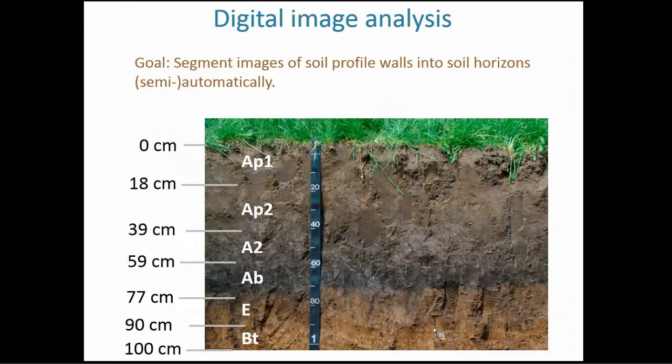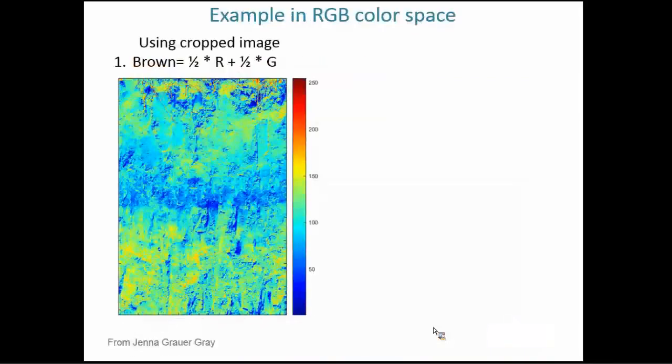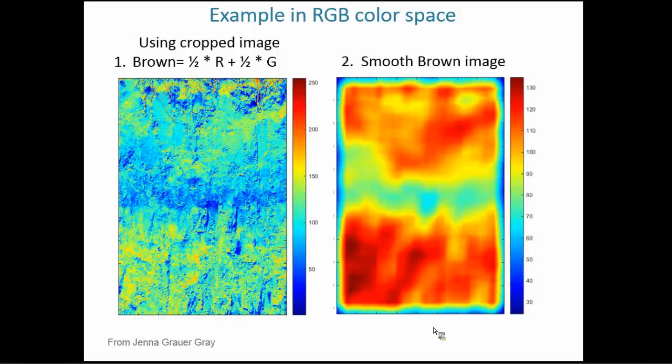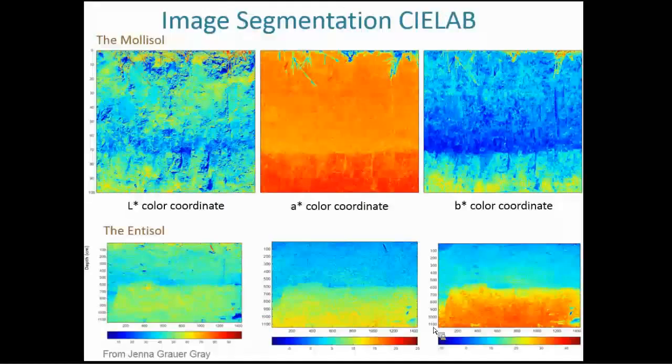The other thing that we work on, here's the mollisol with the buried A horizon, is that we did some sort of image analysis. We extracted the RGB from a detailed photograph in color space, and then we tried to do some sort of imaging that went nowhere. I should say that was quite difficult.